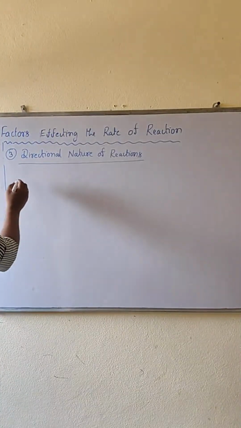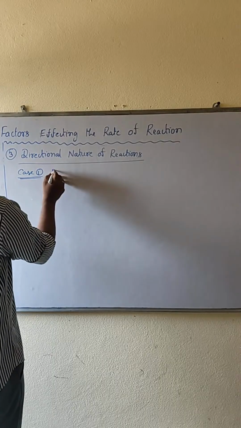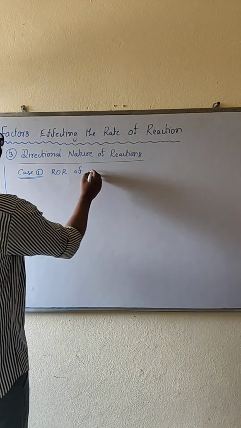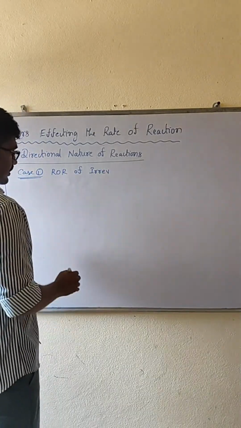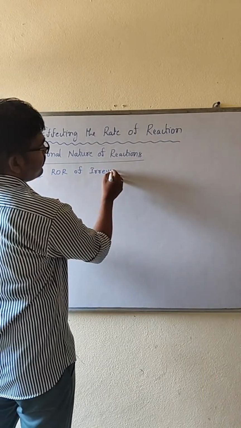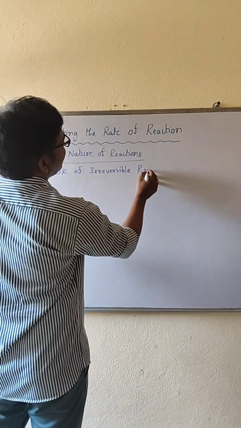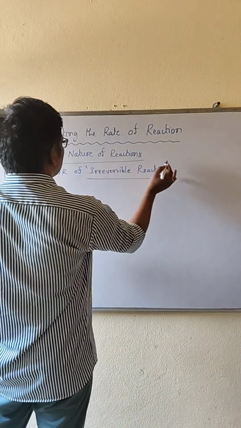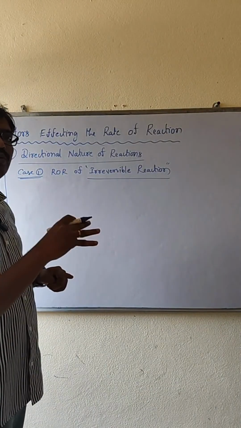Case number one is the rate of reaction of irreversible reactions. Irreversible reactions are nothing but reactions that are only unidirectional.